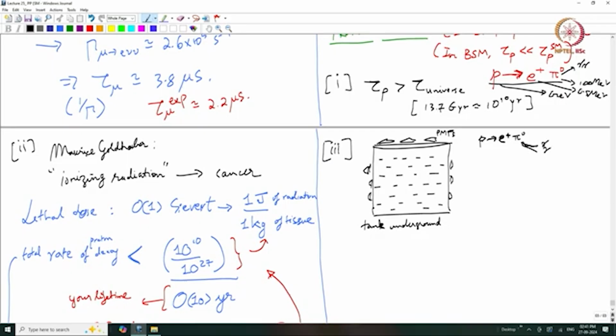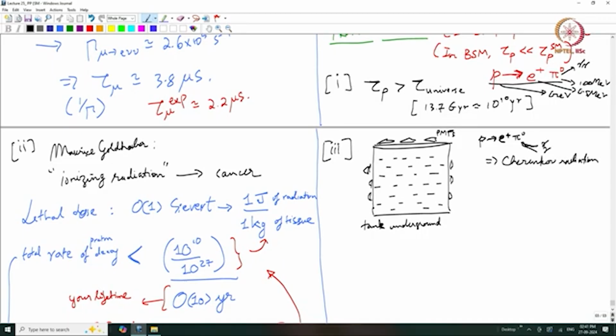So all of this will give you Cherenkov radiation, because you will have particles moving faster than the speed of light in that medium, in the water medium in this case.